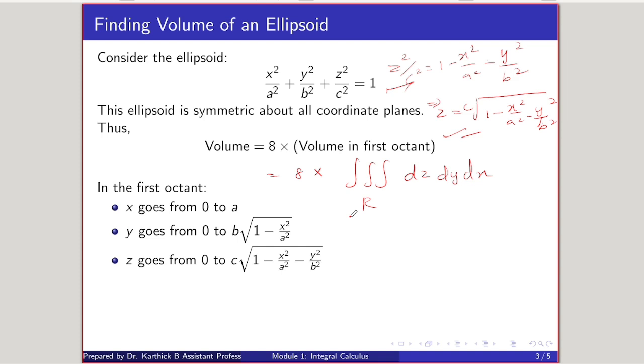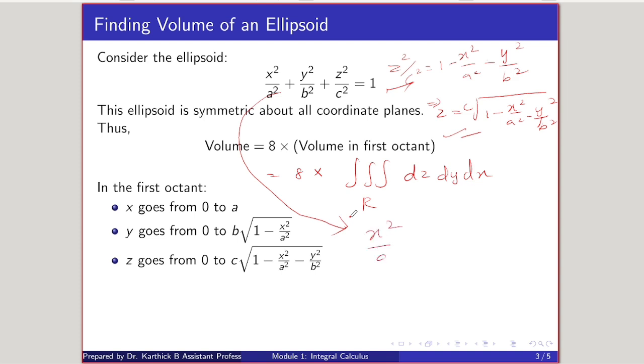The upper or lower limit should not contain the variable y again, so we make the z term 0, sorry, we make that z term 0.